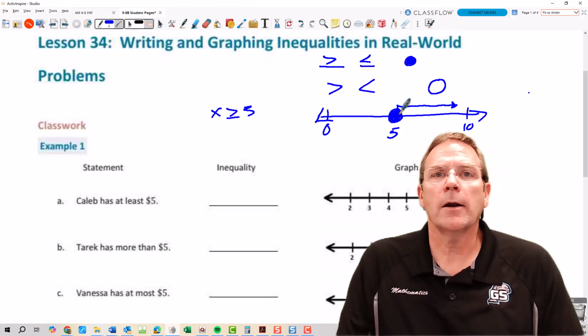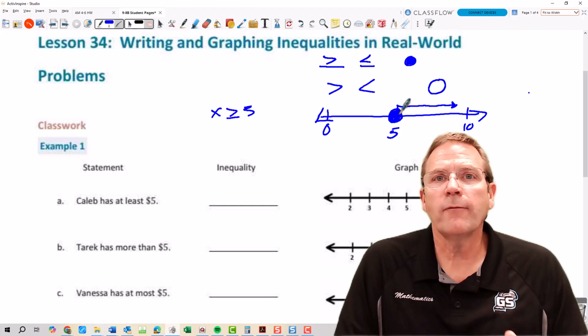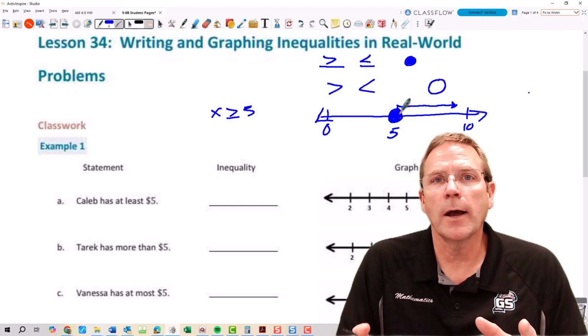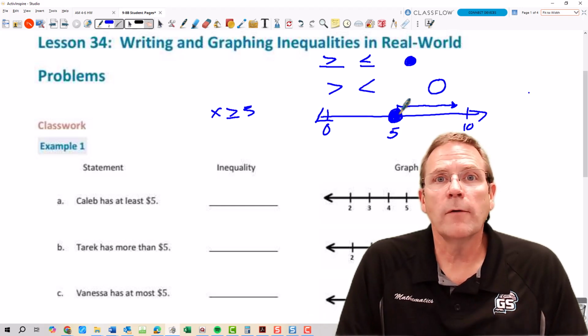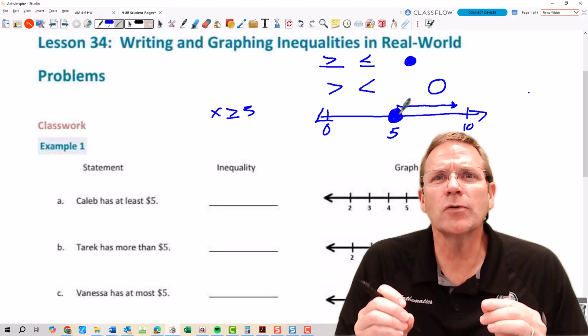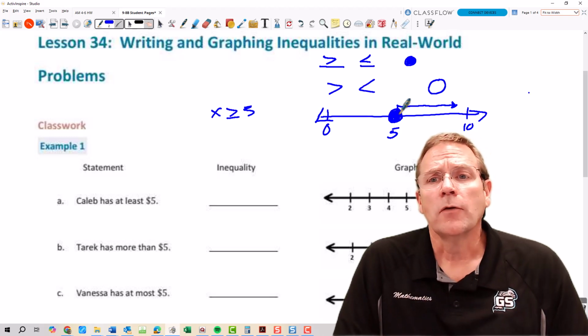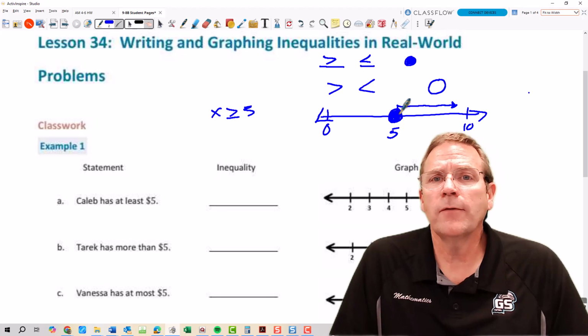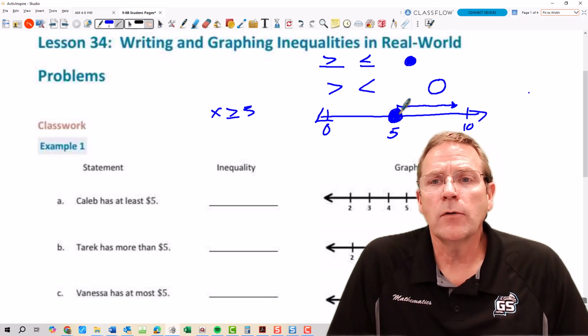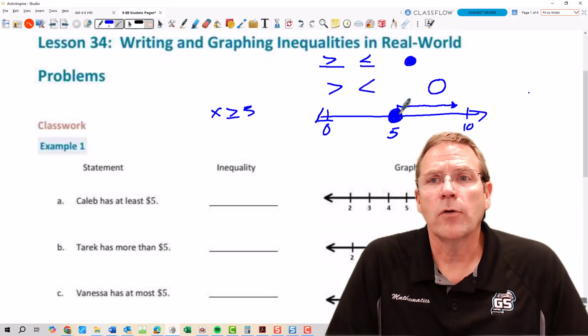Now, if you think about it, when you were little kids and you were graphing points on the number line, they said, show me where 5 is. And you would put a solid circle on 5 because that solid circle represented where 5 was, what it was equal to. So if there's an or equal to, you have to fill in your circle. If there's not an or equal to, then you're going to have an open circle.